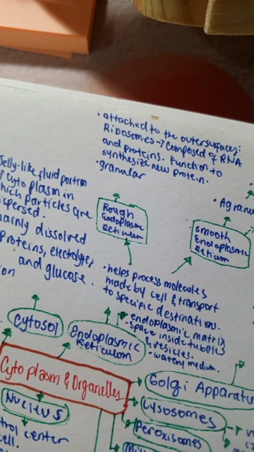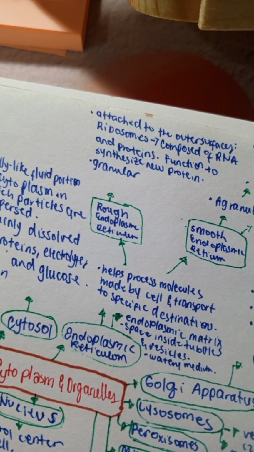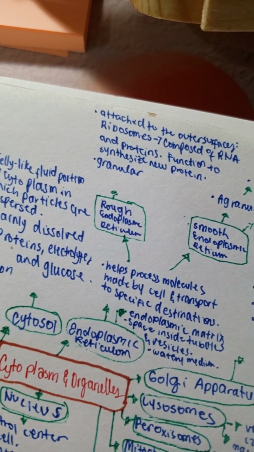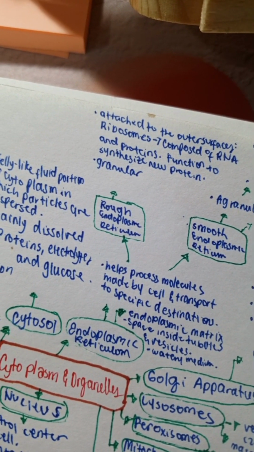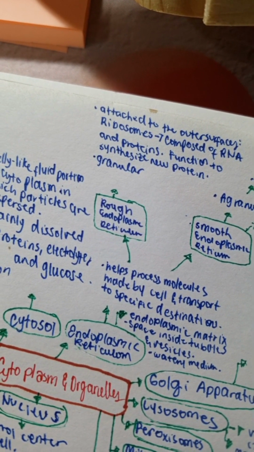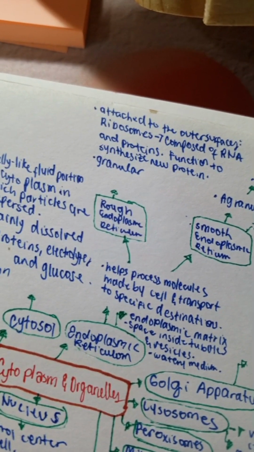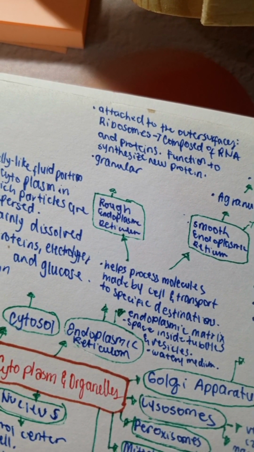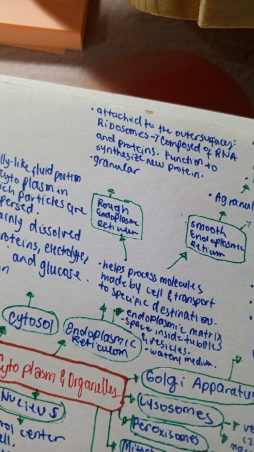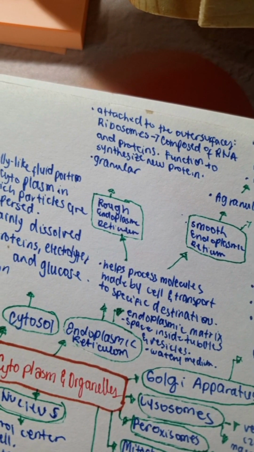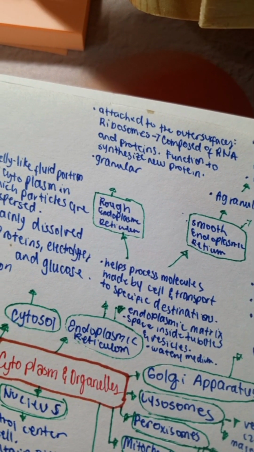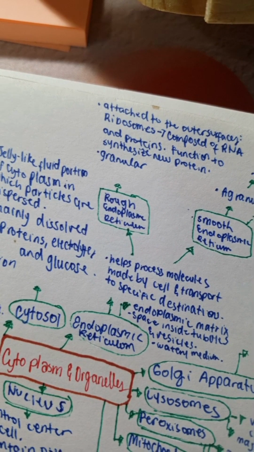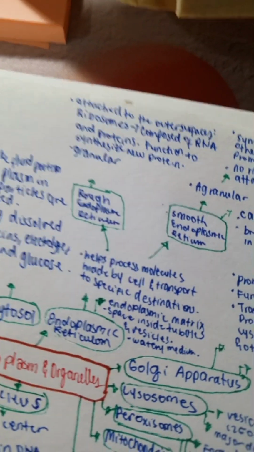The rough is attached to the outer surface by ribosomes composed of RNA and proteins, and the function of this is to synthesize new protein. Remember that the rough endoplasmic reticulum is also known as granular endoplasmic reticulum.